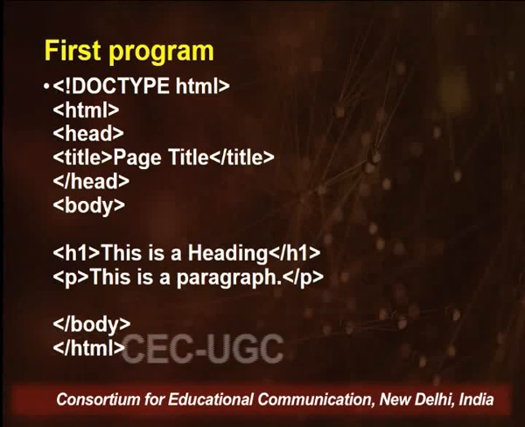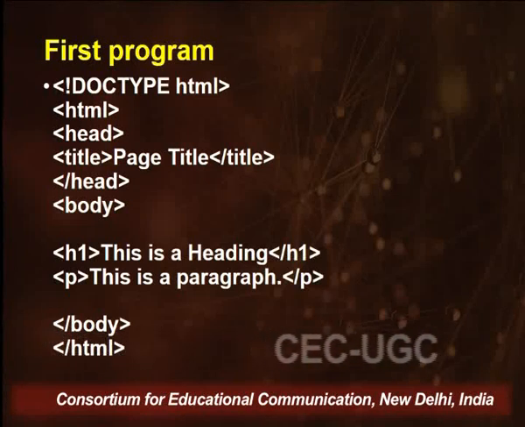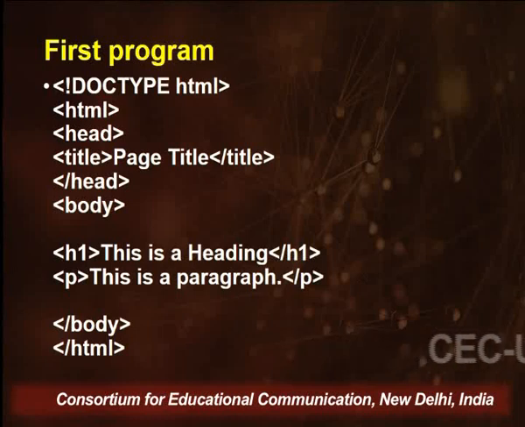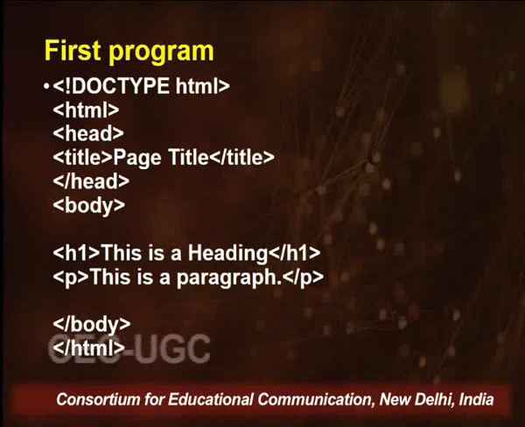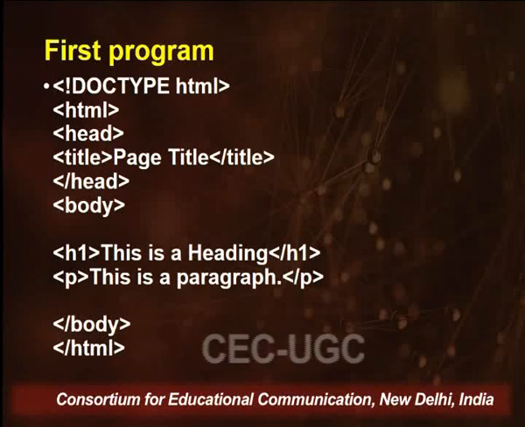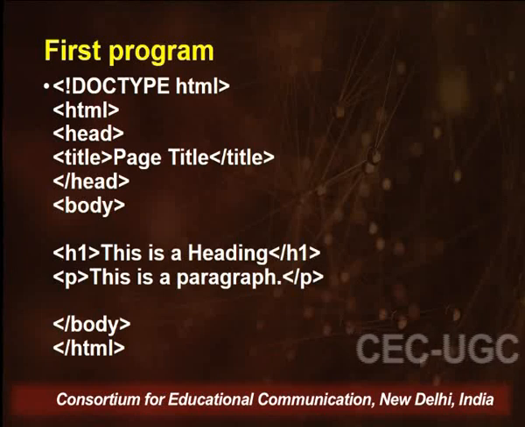In the very next line we have written p and /p, which is opening p and closing p. P stands for paragraph, and there is a text which says this is a paragraph. Apart from these markups we have the text enclosed within them.